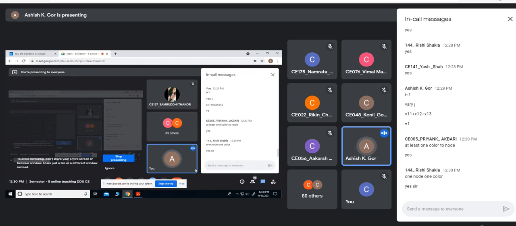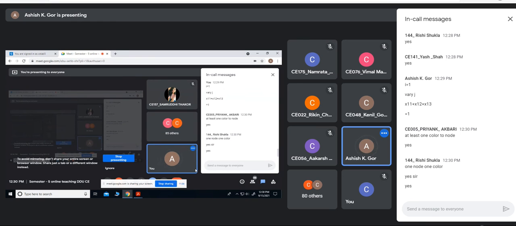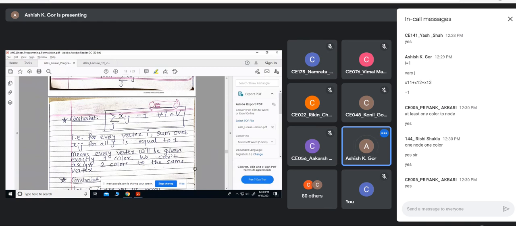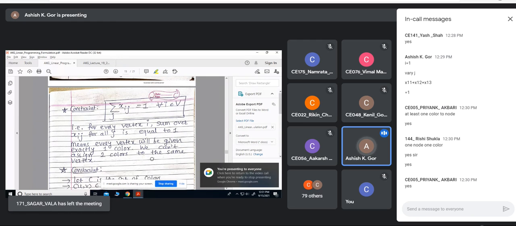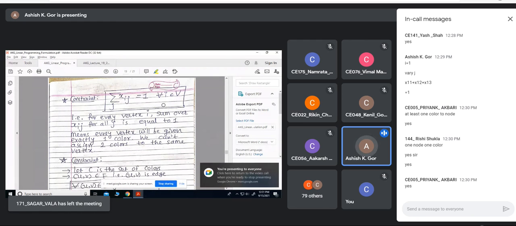But my constraint is that the sum of x11, x12 and x13 is 1. Why? Because exactly one will take the value 1 and the other two will take the value 0. Am I saying correct or not, Priyank? Okay. And this should be true for every vertex i.